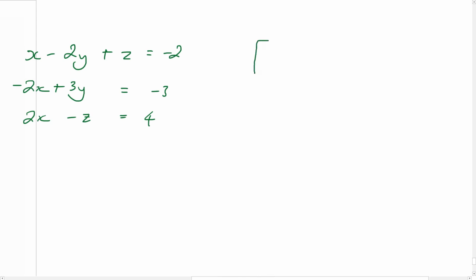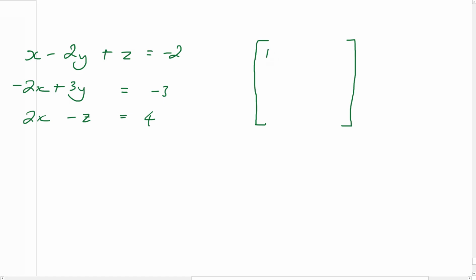We have 3 equations, so you're going to have 3 rows. We also have x's, y's, and z's, so we have 3 columns as well, because there are 3 variables to look for. For the first equation, how many x variables are there? Remember, in front of every letter by itself, there is 1 x.